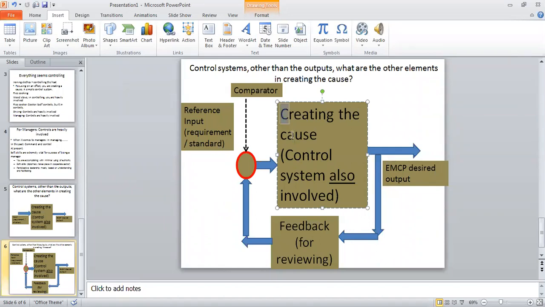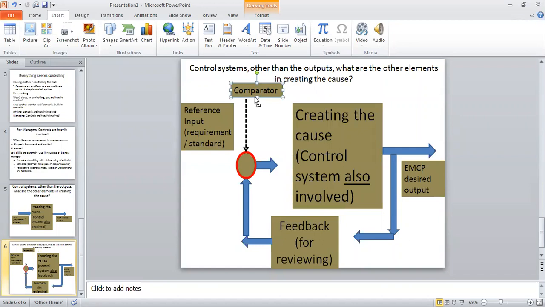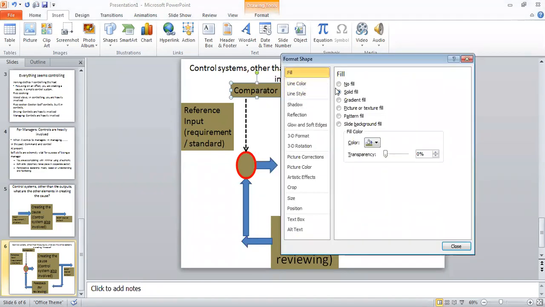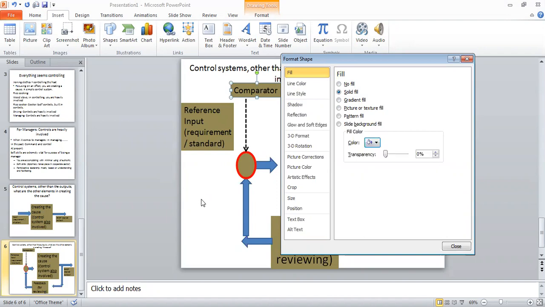This is something. Take the space here. So there can be something. This is the comparator. I will use a different color for this.